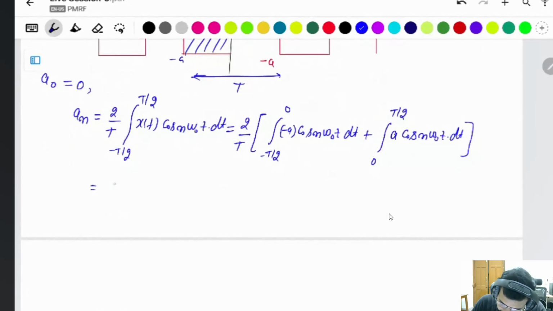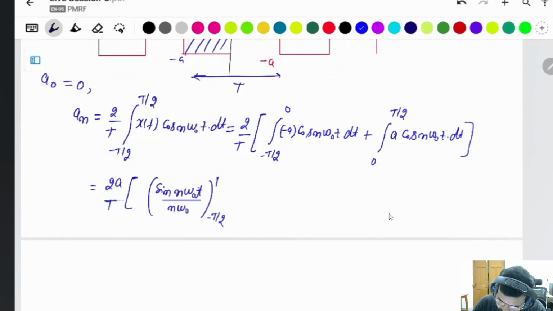We can take common a from this one, and this will be 2a by t. Integration of cosine signal will be sine of n omega naught t divided by n omega naught from minus t by 2 to 0.